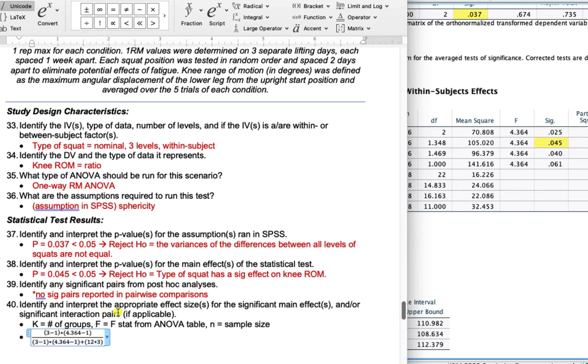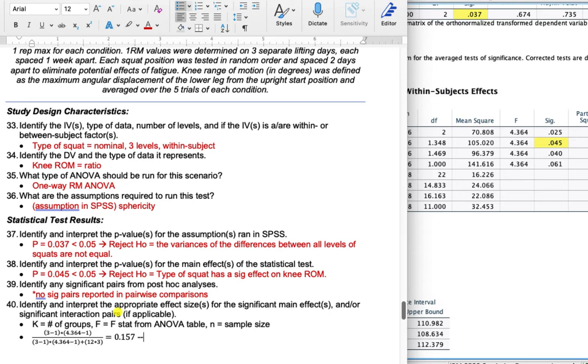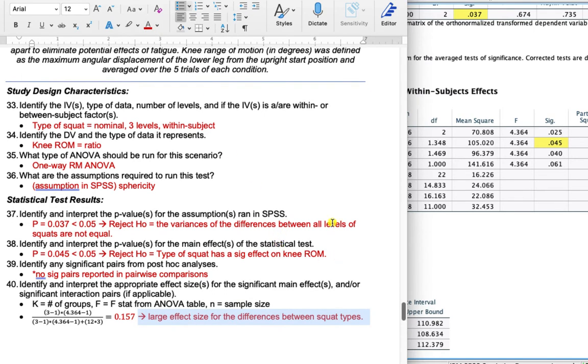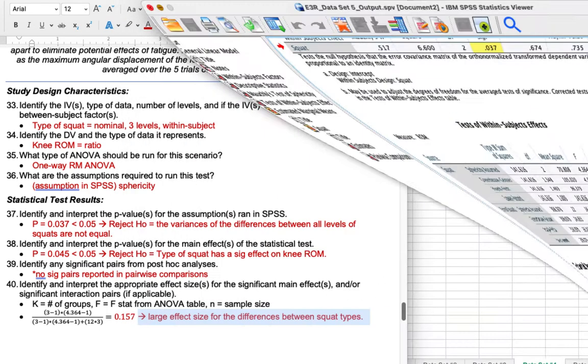If you put all of this into Excel, you should get 0.157, which we would argue is a large effect size for the differences between squat types. Okay, so I'll make that red, and I'll make that red. And this would kind of conclude our example for data set number 5.